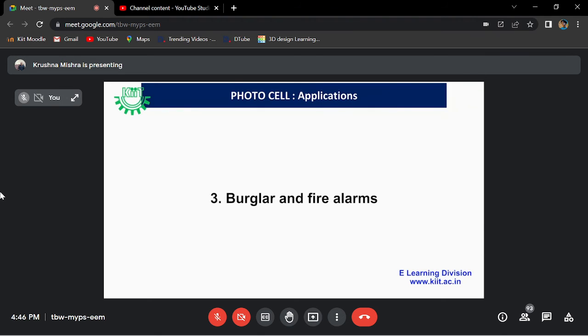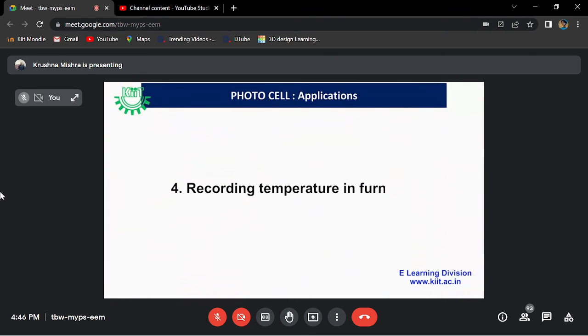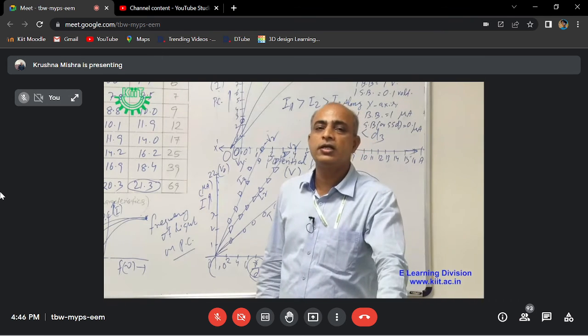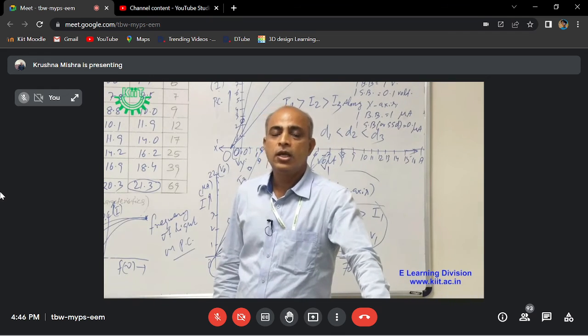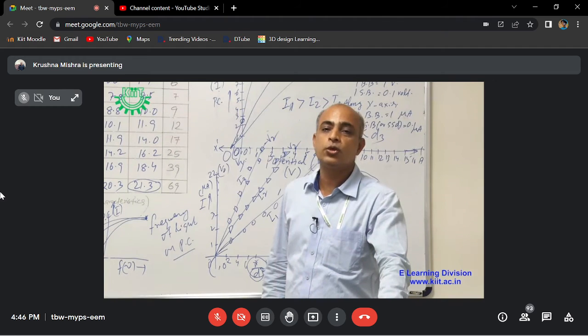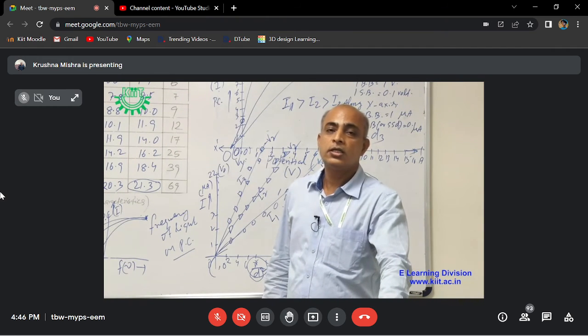They are used in recording the temperature of a furnace, because a furnace gives very high temperature that can be controlled using a photocell. They are also used in opening and closing doors automatically.